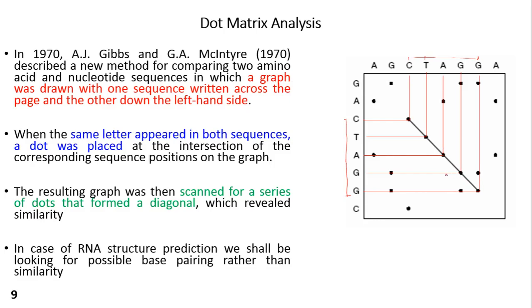The only difference would be that instead of placing a dot at similarity, we would place a dot wherever there is possibility of formation of a base pair, and then find out how many such base pairings form a diagonal, and that diagonal would eventually represent the secondary structure of RNA.